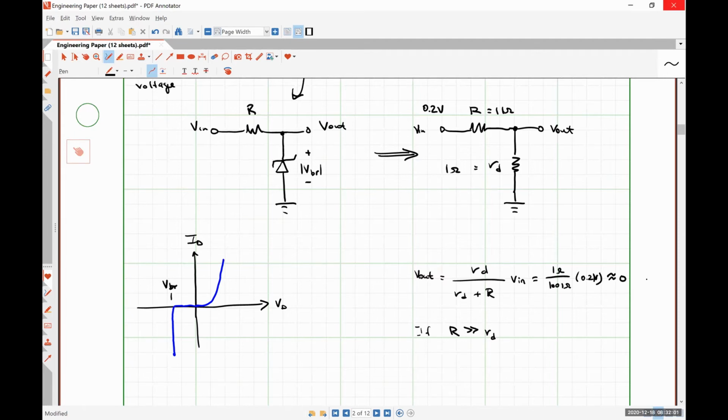The breakdown voltages of Zener diodes are temperature dependent. In general, silicon diodes with breakdown voltages less than 6 volts in magnitude display a reduction in breakdown voltage magnitude with increased temperature. So the hotter it gets, the worse it works as a voltage regulator, because the magnitude of the voltage starts to decrease.